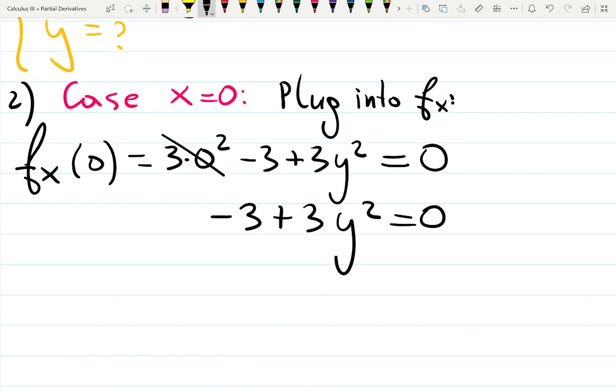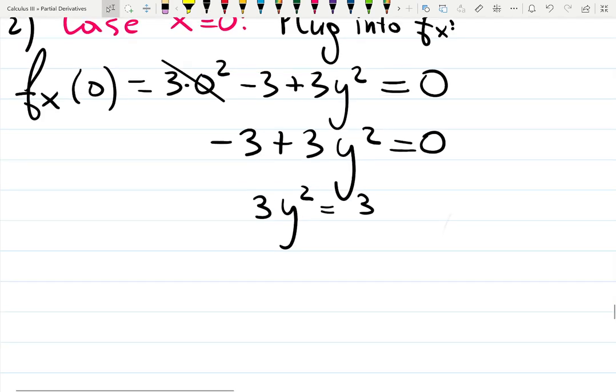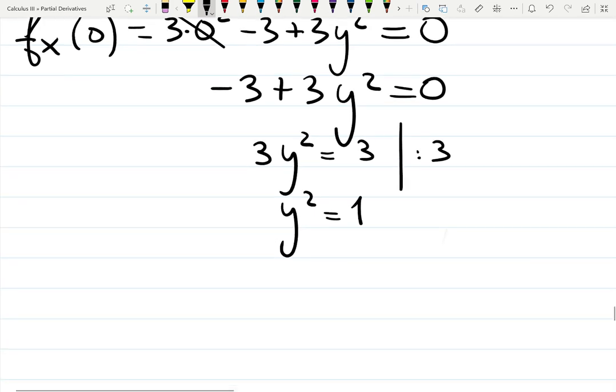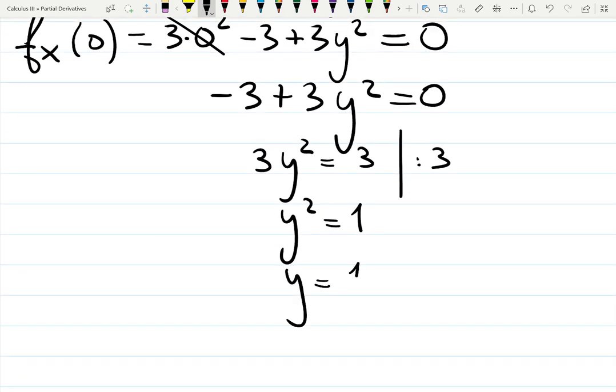Makes sense? Keep solving for y. 3y squared equals 3. Divide by 3. Y squared equals 1. y equals 1, yes or no? Plus or minus. Don't forget, please. Plus or minus. There's some kind of little panda crying when you forget minus 1. So don't forget. Not the pandas. Yes, the pandas.